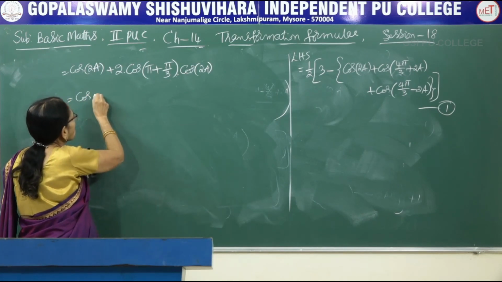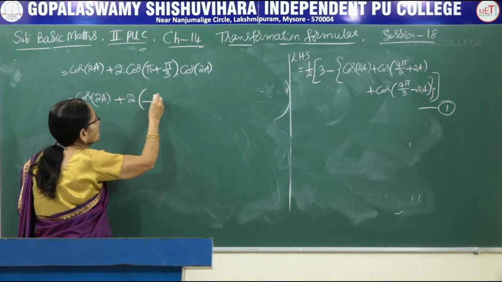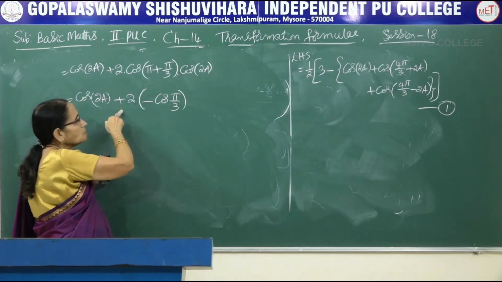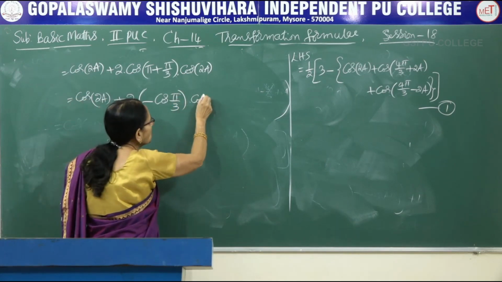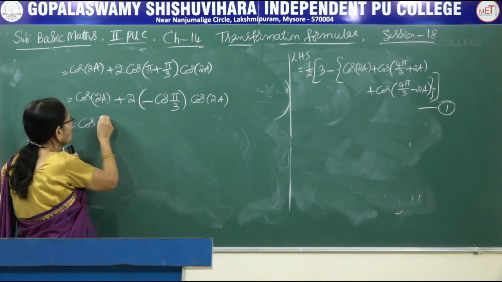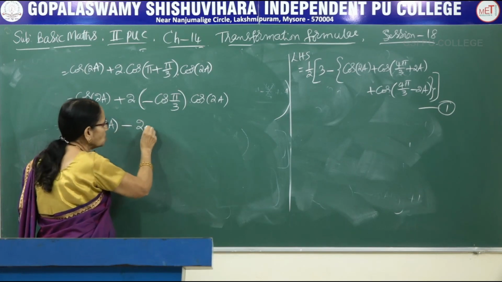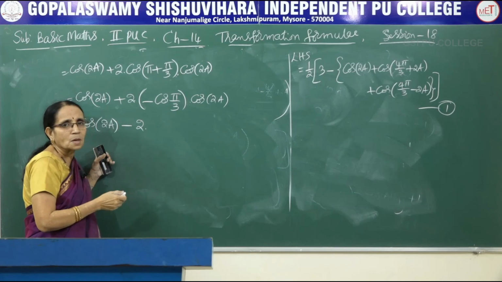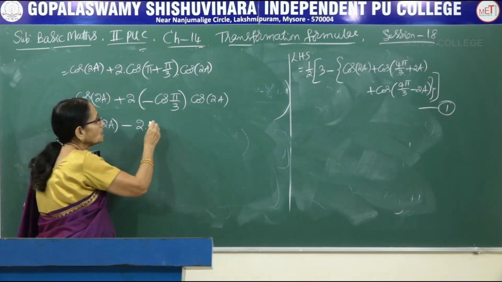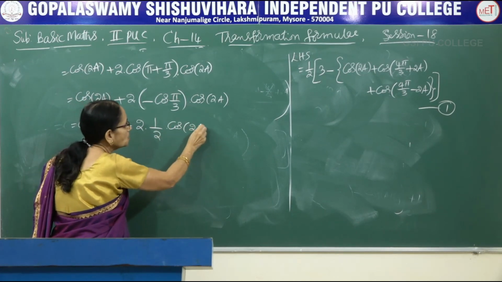So this would be cos of 2a plus 2 into minus cos of pi by 3, into cos of 2a. Now this is cos of 2a plus of minus 2 into cos pi by 3 into cos 2a. Cos 60, you clearly know it is a standard value, 1 by 2, into cos of 2a.